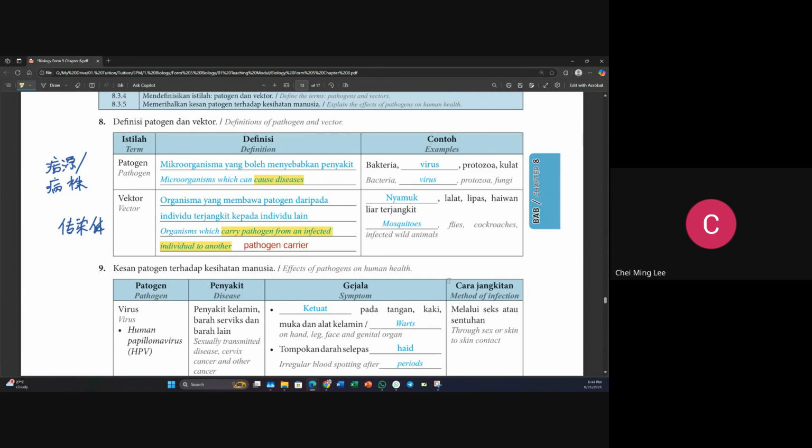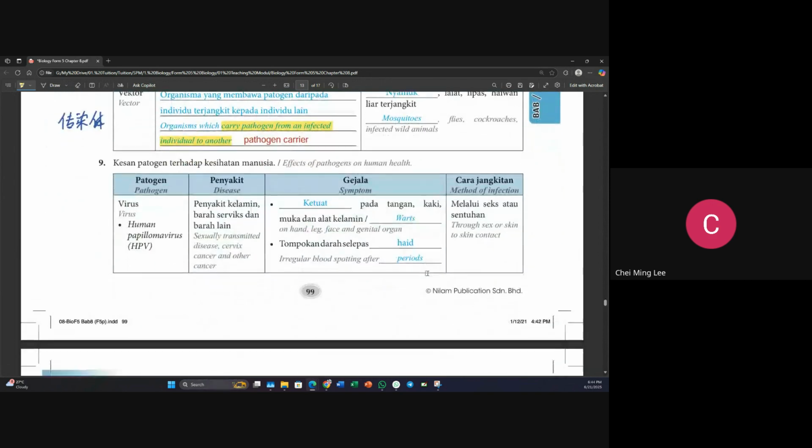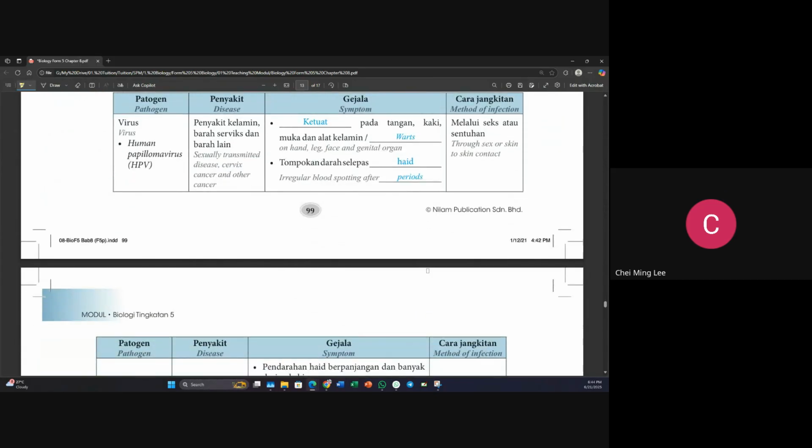So let's see the effects of those pathogens towards human health. For example, HPV, human papilloma virus. They are actually a sexually transmitted disease. It can cause cervical cancer and other cancers as well.